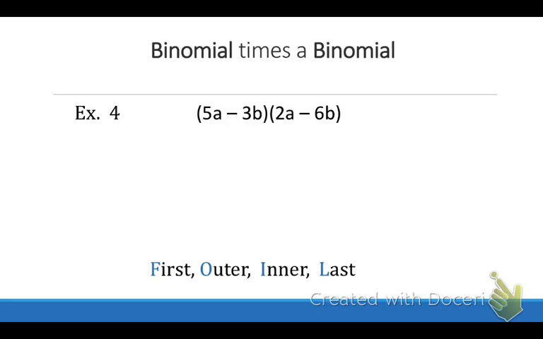All right, so I'm going to use the mnemonic device FOIL again. So the product of the first would be 5a times 2a is 10a squared. The outer product is 5a times negative 6b. That would be negative 30ab. Then I switch and I do my inner product. Inner would be negative 3b times 2a would be negative 6ab.